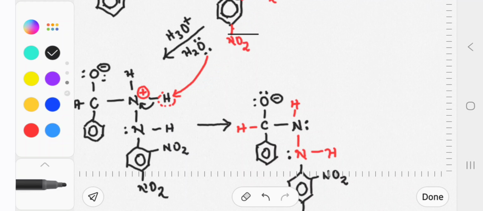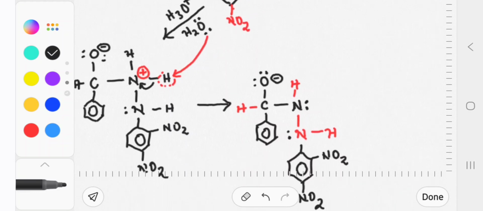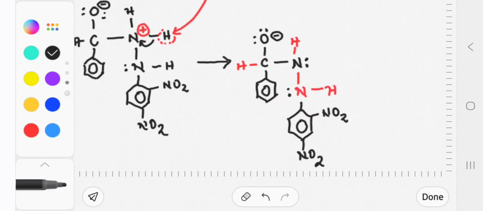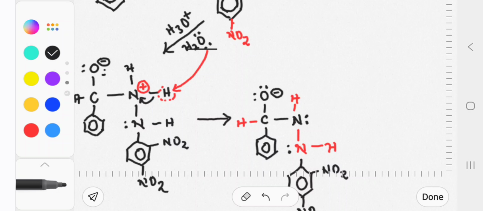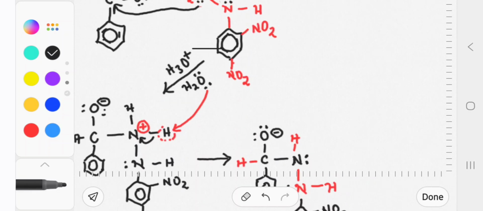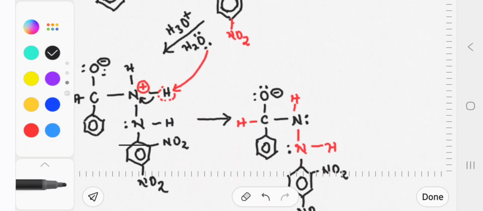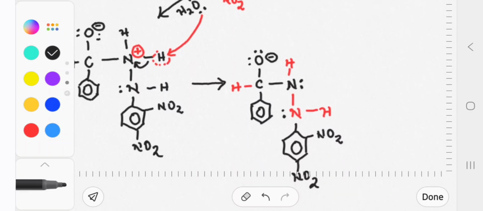All right, it has gone. So hydrogen has been removed, and we have this now. Water has played its role in helping to stabilize the intermediate. This is the intermediate. It's stabilizing the positive charge. As you can see here, stabilized. So that is the role of water, like I said in the initial stage.